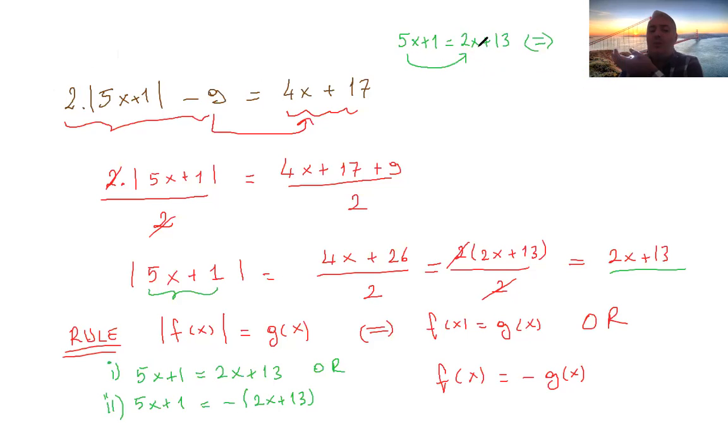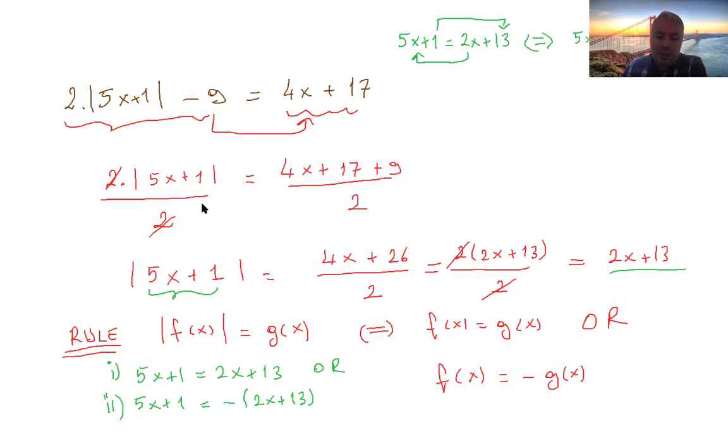But it's not good to have a negative thing, it's always better to get the positive thing. If I take 2x to the other side, 5x minus 2x, it will be positive 3x. And at the same time, I can take the positive 1 to the other side, it will be negative 1. So 5x minus 2x is equal to 13 minus 1, which is 12.